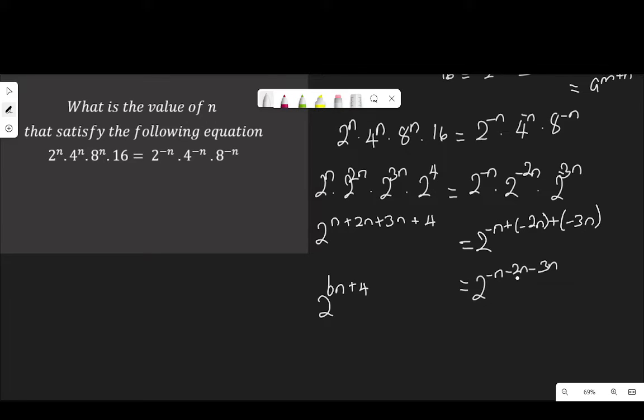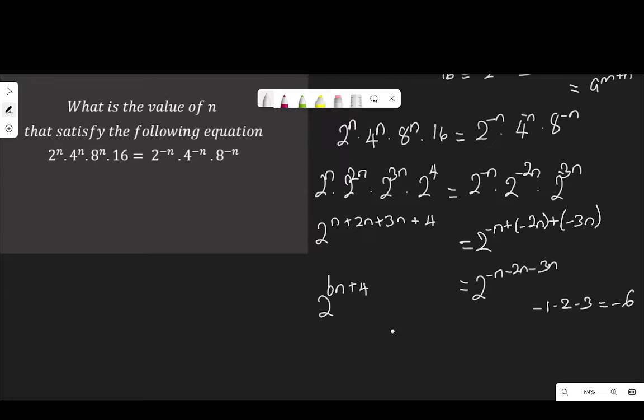On the right hand side I can also add negative n, negative 2n, negative 3n. It's just like saying minus 1, minus 2, minus 3. Of course, when you have negative numbers like this, you add everything together and put a negative sign in front of it. So 1 plus 2 is 3, 3 plus 3 is 6, so this is negative 6.